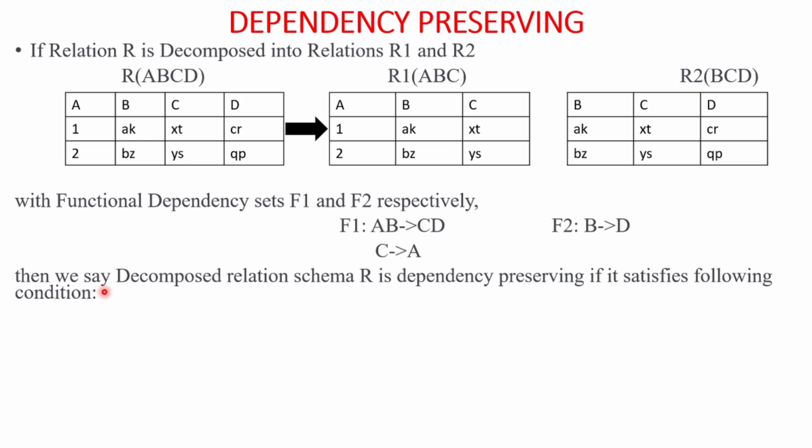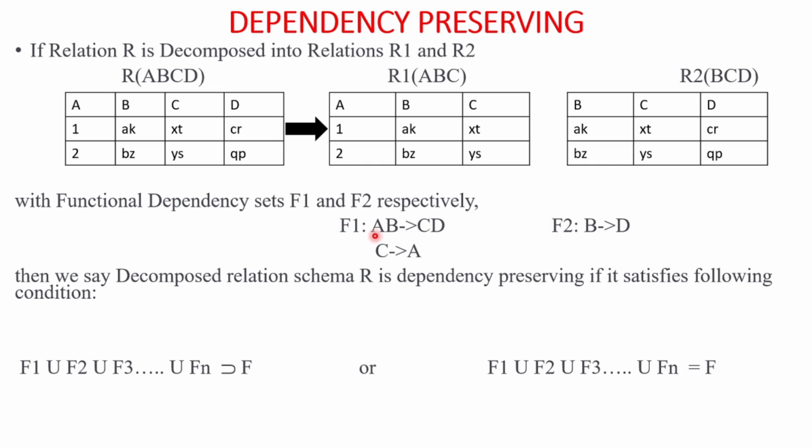So now we say a decomposed relation schema R is dependency preserving if it satisfies the following condition. This is the condition. For dependency preserving, we have to only find whether one condition is satisfied or not. That is this: F1 union F2 union up to Fn should be a superset of F, or it should be equal to F. So here, how many functional dependency sets does the decomposition give?